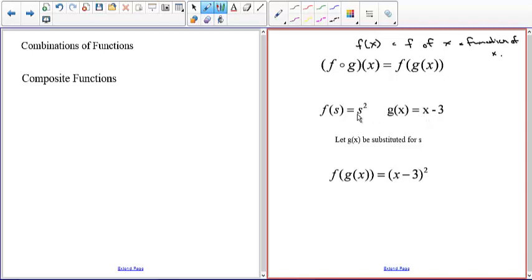That's why I used s instead of just f of x is x squared. So the composite function f of g of x is the quantity of x minus 3 squared. And again, you might say, well, why didn't I just call f of x equal x minus 3 squared? And depending upon what you're using, how this is all put together, what the purpose is, that may be fine, just to call f of x that instead of using this composite function.